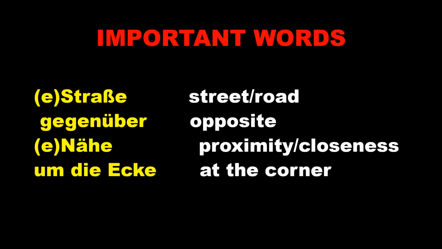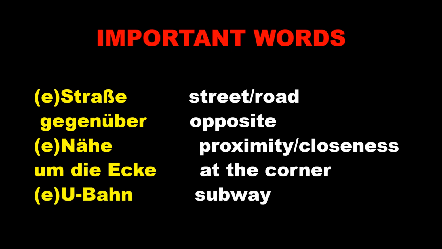Die Ecke, at the corner. Die U-Bahn, subway. Again, you can understand these nouns are being written along with the articles. I have not written the articles entirely, I have just written a single letter, E, which means die. So, die Straße, gegenüber, die Nähe, die Ecke, die U-Bahn.